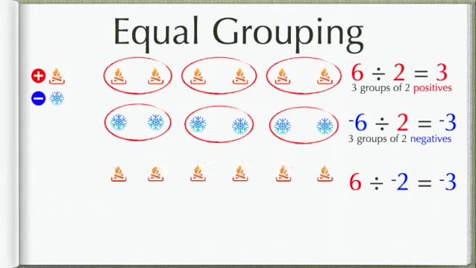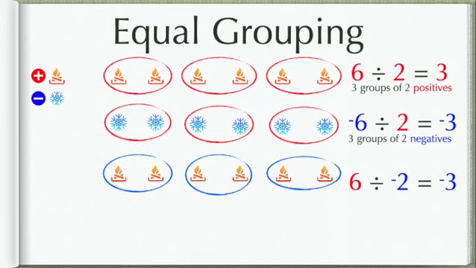What if you had positive 6 divided by negative 2? That also equals negative 3, but this time you start out with 6 fires and you divide them into negative groups. So the negative circles make what's inside them their opposite. So you end up with 3 negative groups, or the opposite of the first example, which is 3 groups of 2 positives, because those are all positives in this one, but you have negative groups, so it's the opposite of 3, which is negative 3.